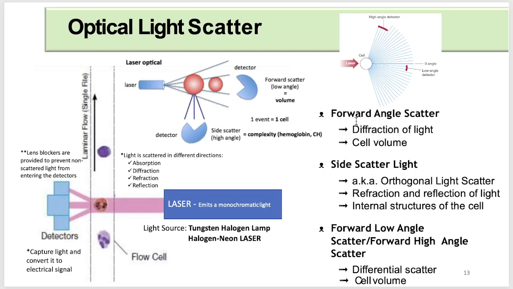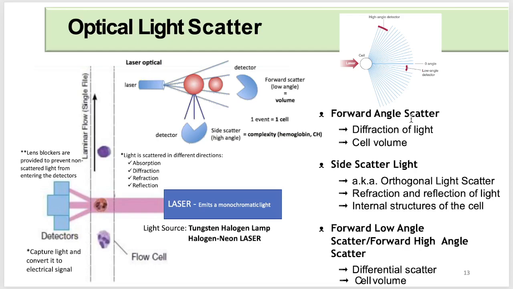Meron tayong forward angle scatter, meaning at a particular degree, 0 degrees kasi basically straight lang. That's your forward angle scatter, or your 0 degrees. Remember, forward angle light scatter at 0 degrees correlates with the cell volume, primarily because of the diffraction of the light.